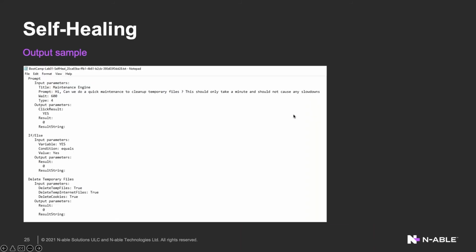Of course, the screenshot does not include that, but that output is also captured in a log file, which is just a plain text file with that same information in it. So they clicked on yes, and then it actually went through and did the delete temporary files, and then did all that, and sent the output parameters.